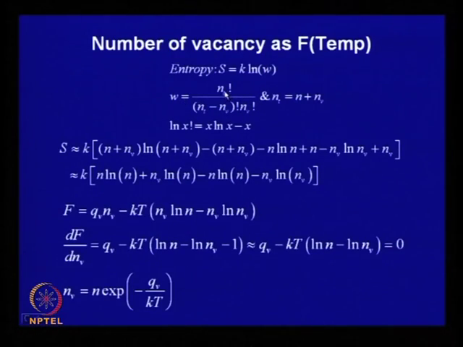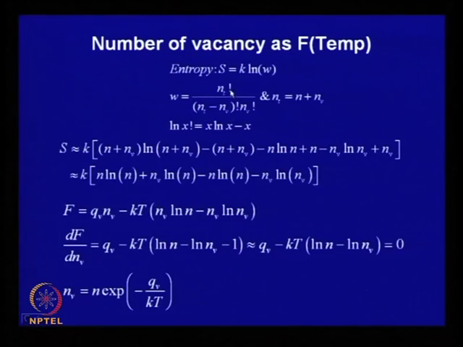So, this is the total number of sites, which can be arranged in factorial N_T ways, and since these atoms are indistinguishable, N_T minus N_V is the number of atoms, and they are totally indistinguishable.